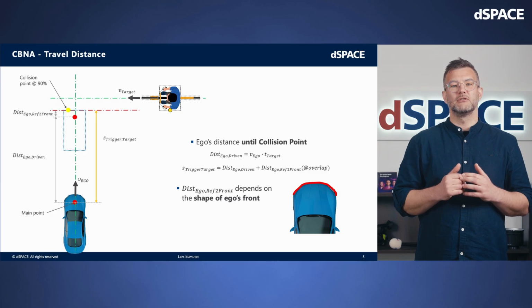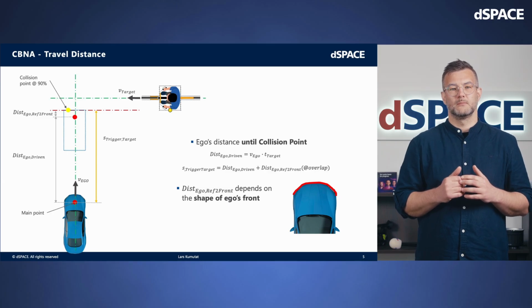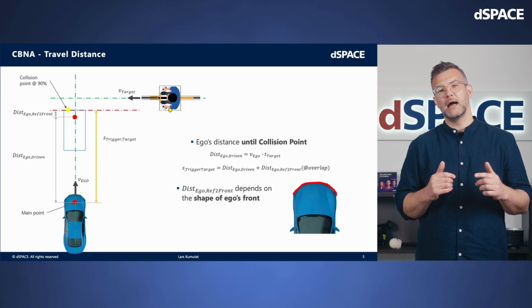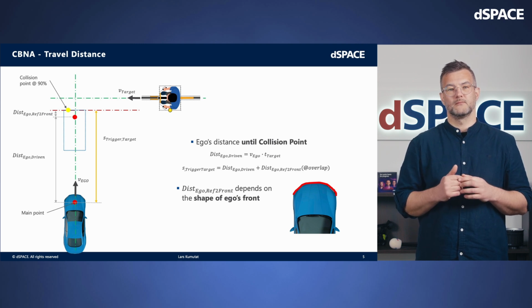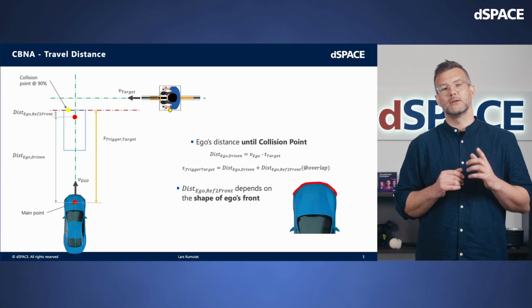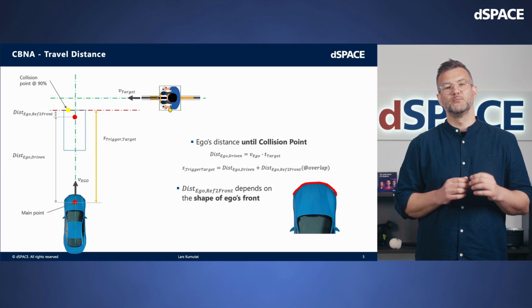Knowing the travel time of the target at constant ego speed, we calculate the trigger distance, the point the ego vehicle must pass so the target begins moving. We also consider the shape of the vehicle's front, which is often curved and influences the exact collision point.